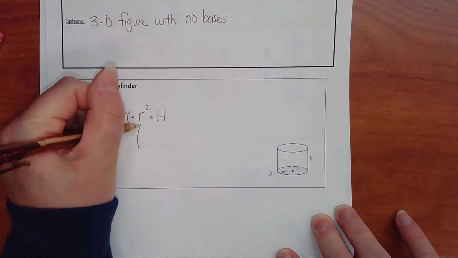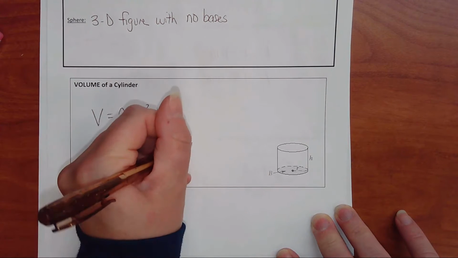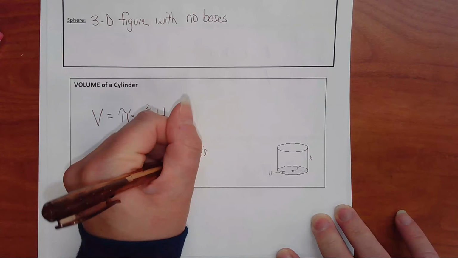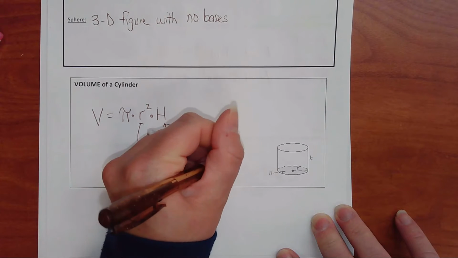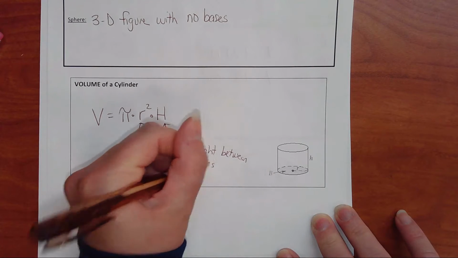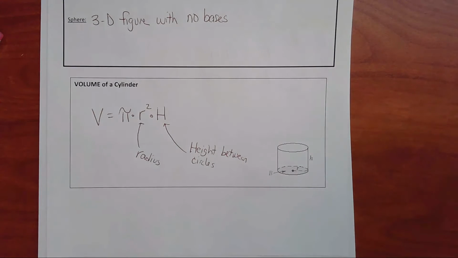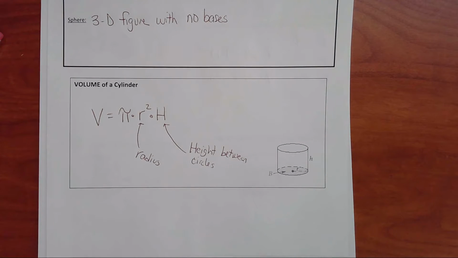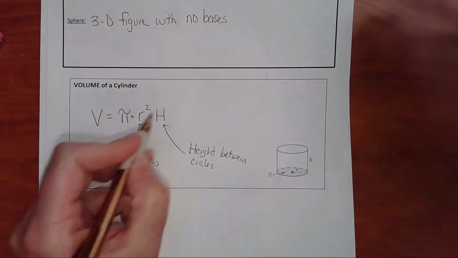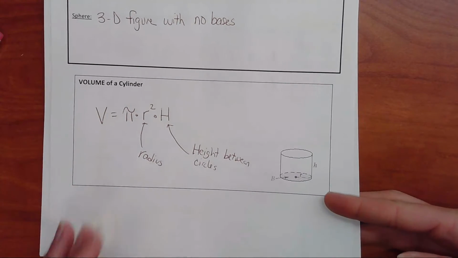So this is the radius, and this h is the height between, kind of between your circles. It's the length between the circles, just like we did with the height with the triangular and rectangular prisms yesterday. So this is what you're plugging in for. So there's only two things that you need for this one, which is nice. And you will need Desmos today because you are plugging into a formula.